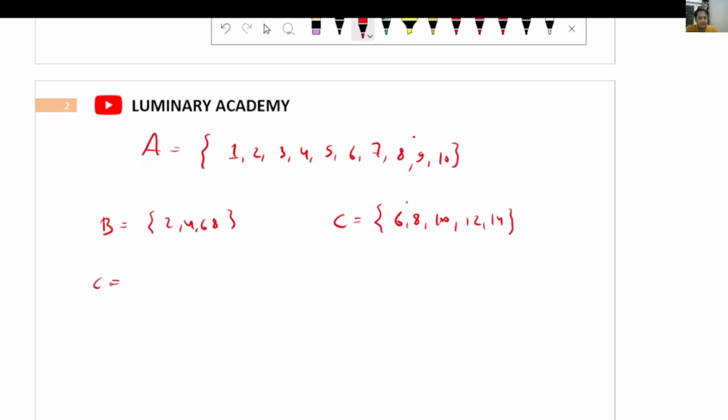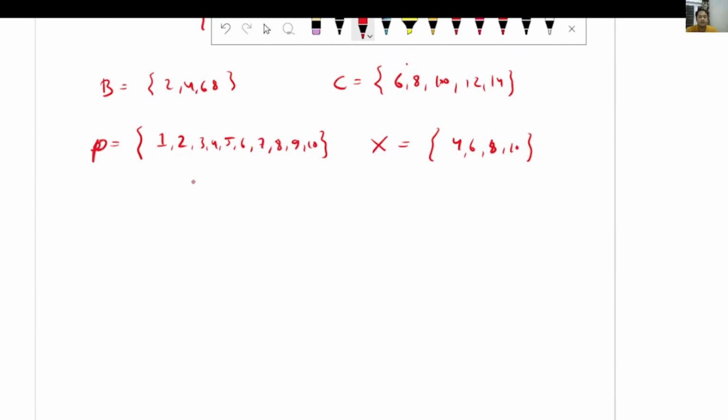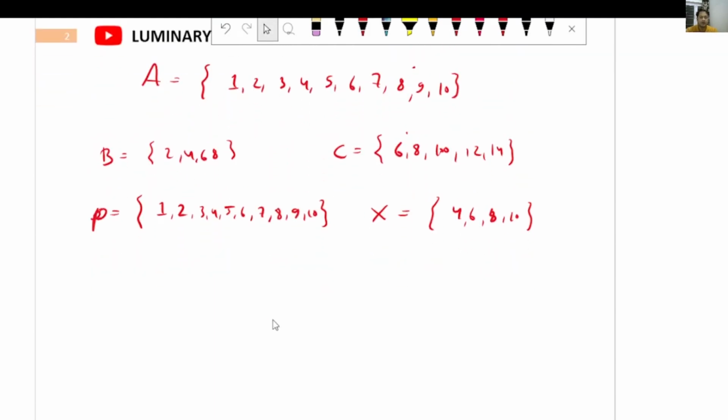Then set P, capital P: 1, 2, 3, 4, 5, 6, 7, 8, 9 and 10. And then another set, X: 4, 6, 8, 10, right? Done. So here you can see that these are the 4 sets.